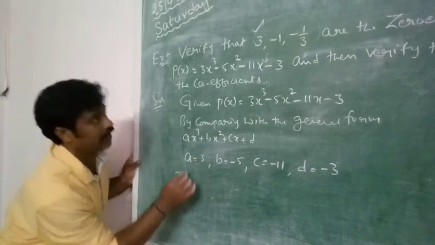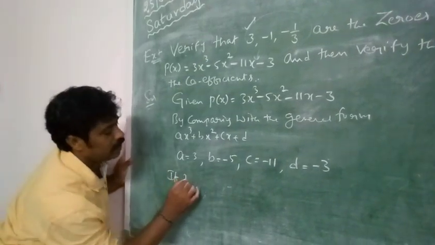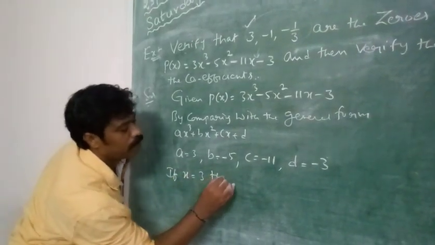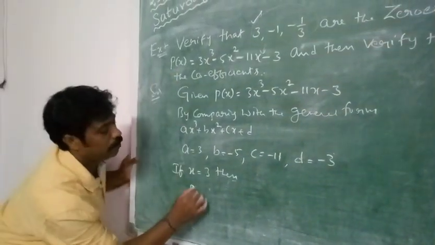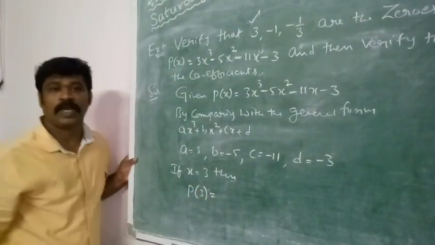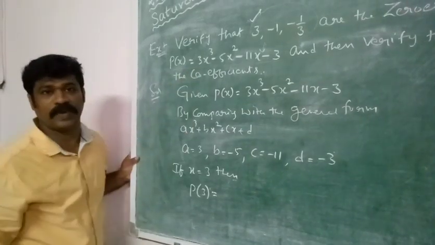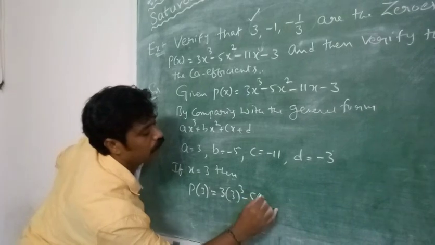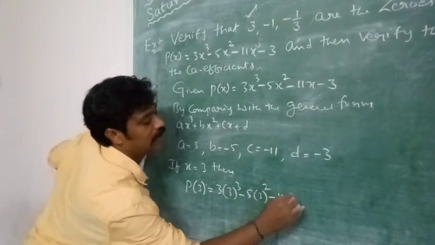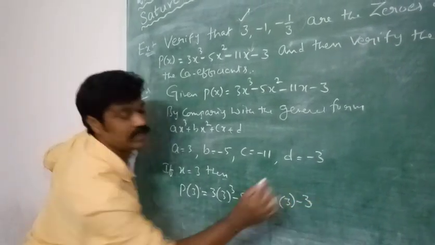If we take the first zero, that is x is equal to 3, then substituting 3 in place of x, P of 3 is equal to 3 into 3 cube minus 5 into 3 square minus 11 into 3 minus 3.